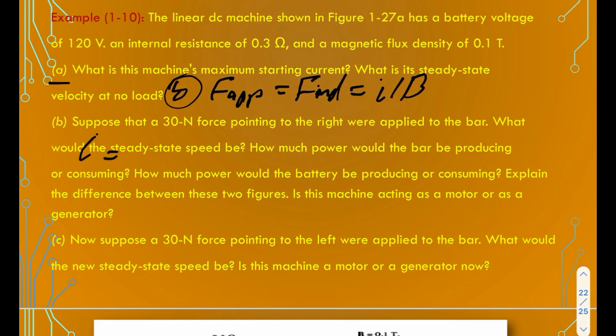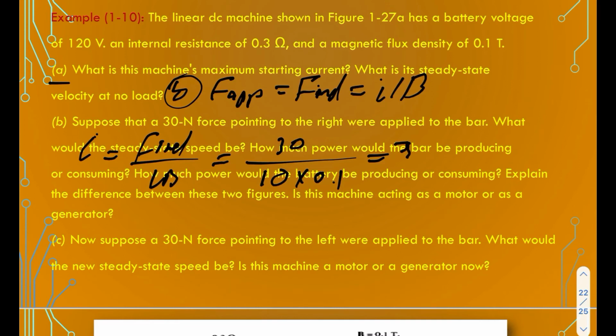I is equal to F induced over LB, which equals 30 Newton over 10 multiplied by 0.1. So the answer will be 30 amperes.